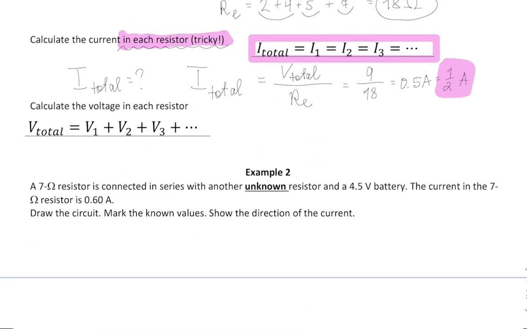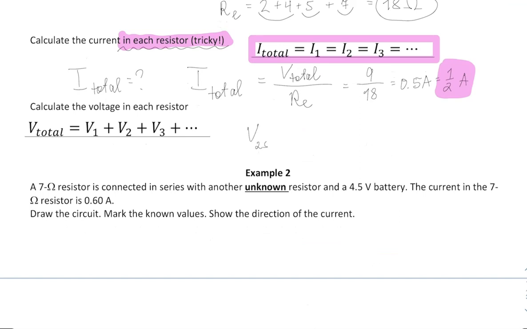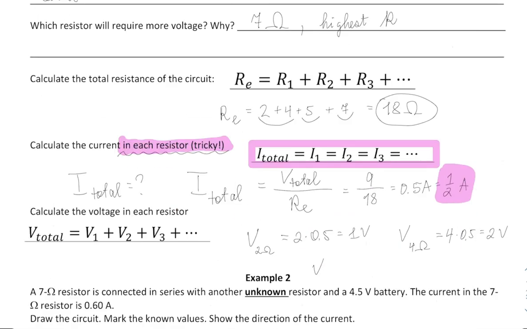And then if you know their resistances, you just literally multiply these guys. So we will have voltage in 2 ohms is 2 times 0.5, which is 1 volt. Voltage in 4 ohms, you get, again, 4 is the resistance, 0.5 is its current, so that's 2 volts. Then we get to, what was it, 5?